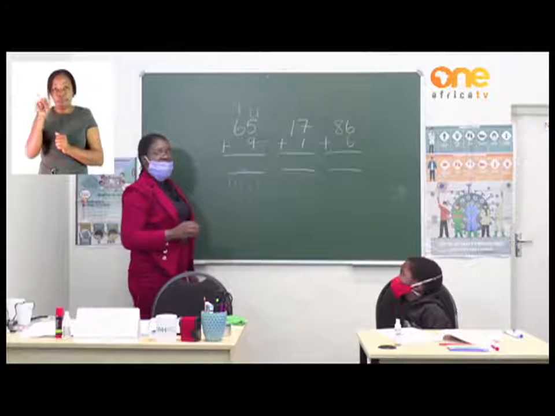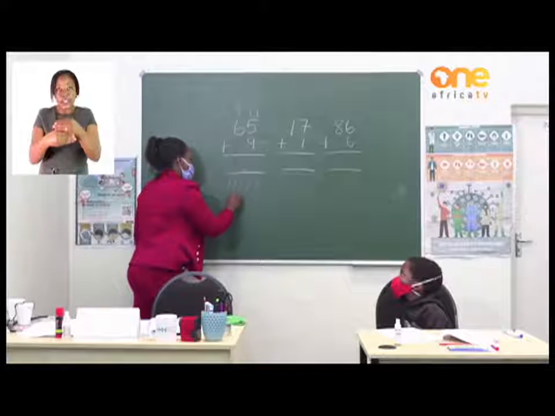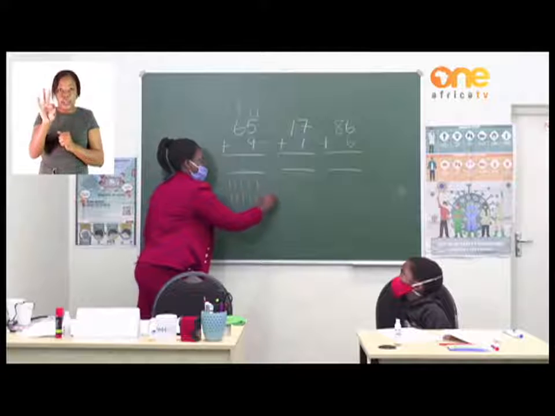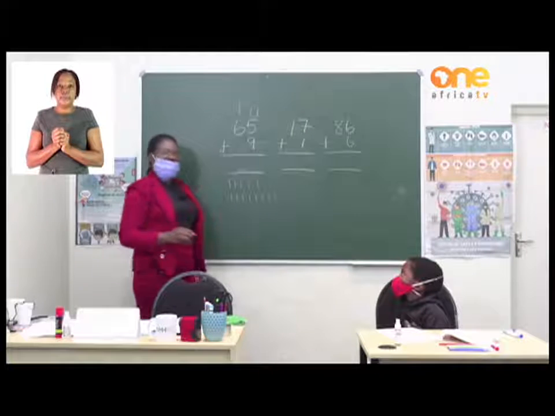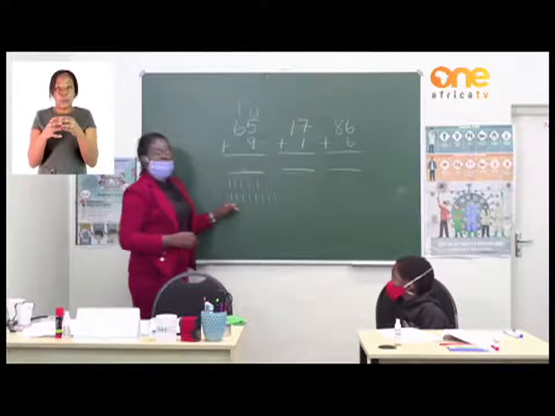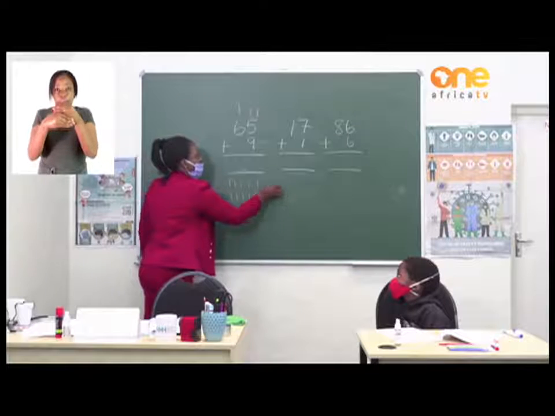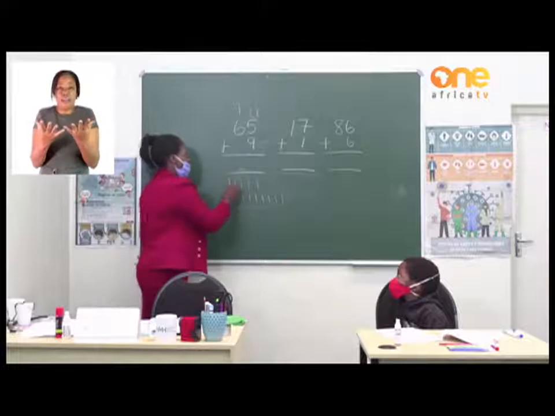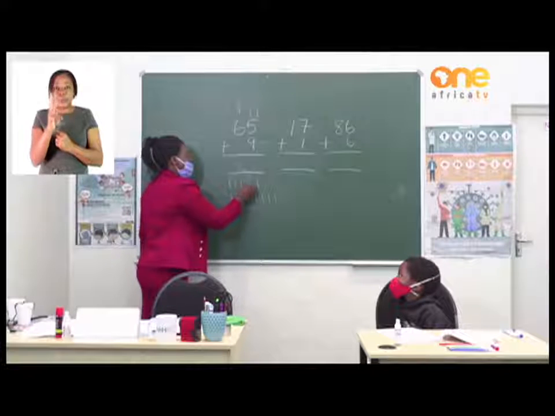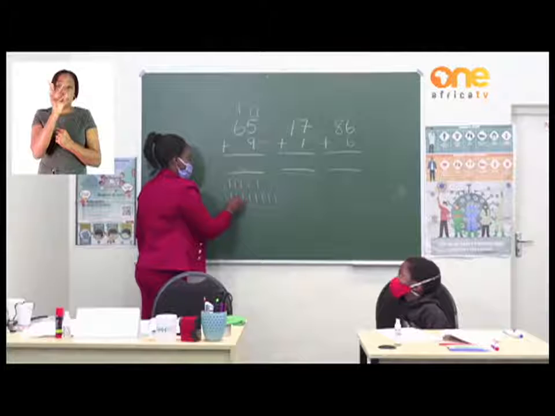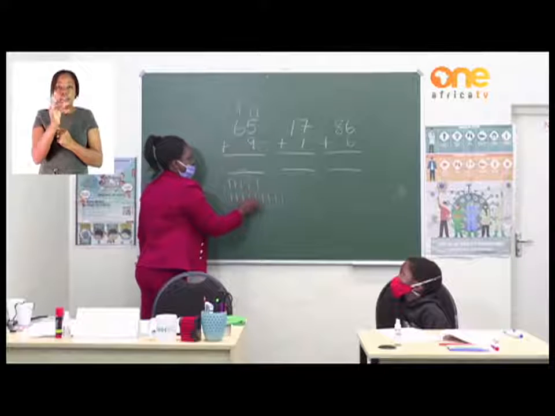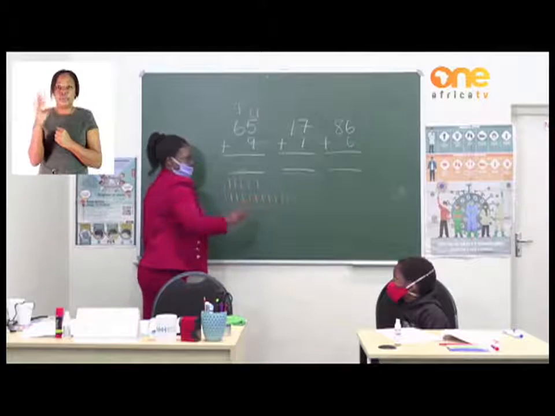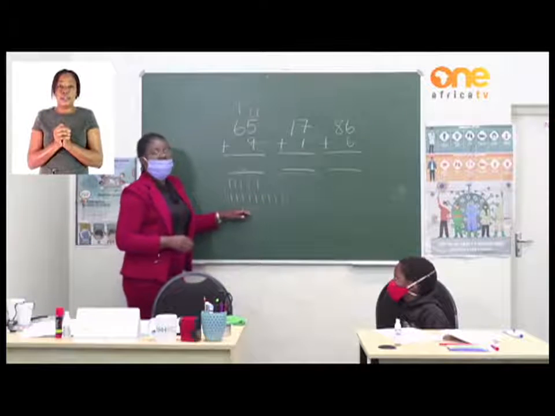Now I'm adding a 9 to a 5. 1, 2, 3, 4, 5, 6, 7, 8, 9. Those are my sticks. Now, when I'm adding, I'm counting them together. 1, 2, 3, 4, 5, 6, 7, 8, 9, 10, 11, 12, 13, 14. Now my answer is 14.